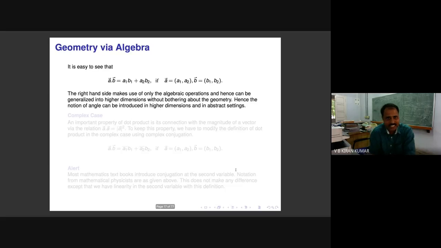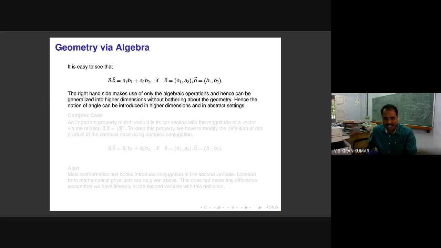The second thing, you have an algebraic identity satisfied by the dot product. So A dot B is obtained by A1 B1 plus A2 B2, where A is given by these coordinates, and B is given by these. What is important is that the left-hand side A dot B, we have seen, comes from the geometry using the angle between these two vectors.